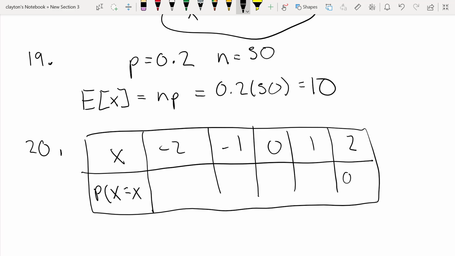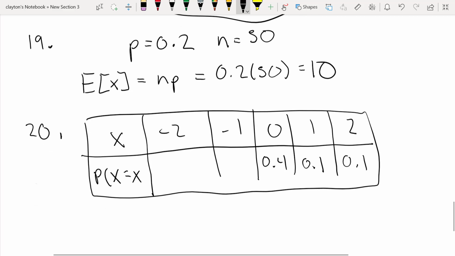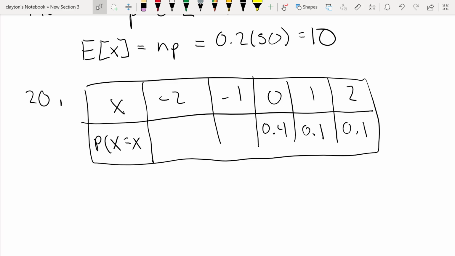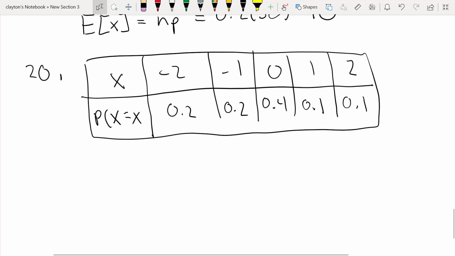And they give us these values, 0.1, 0.1, 0.4, which means we're missing 2 values, and we're also given that these are equal to each other, right? So we're missing, here's 0.6 is given, we're missing 0.4, and if these are equal to each other, they both have to be 0.2.